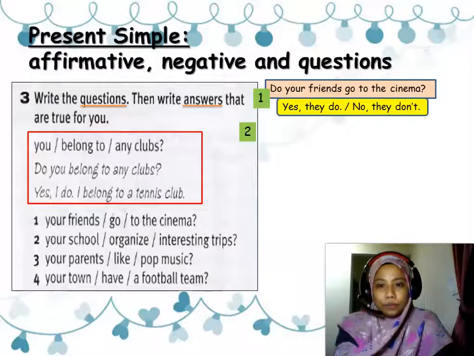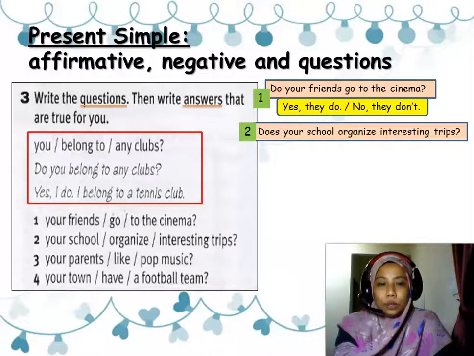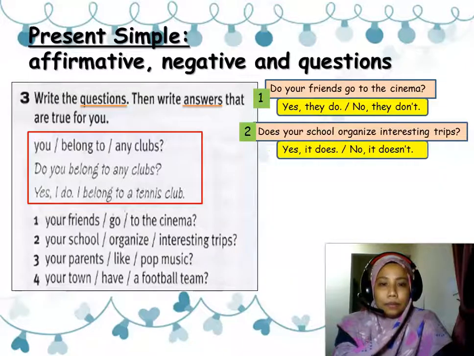Your school. Does your school organize interesting trips? Because school indicates one, we use does to indicate present simple for school. Okay, what is the answer?